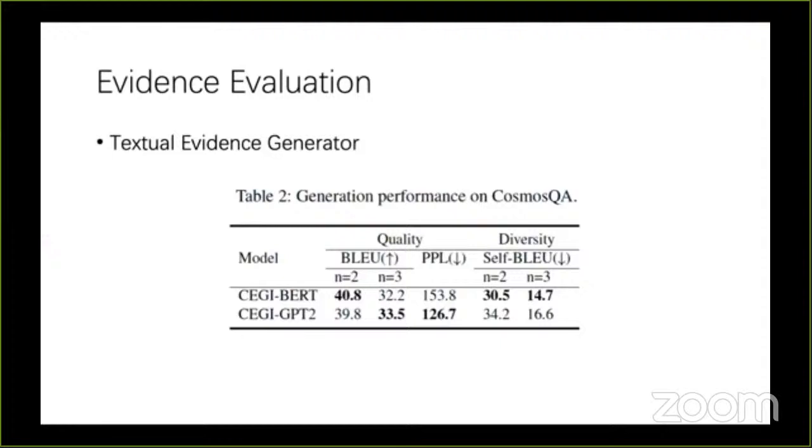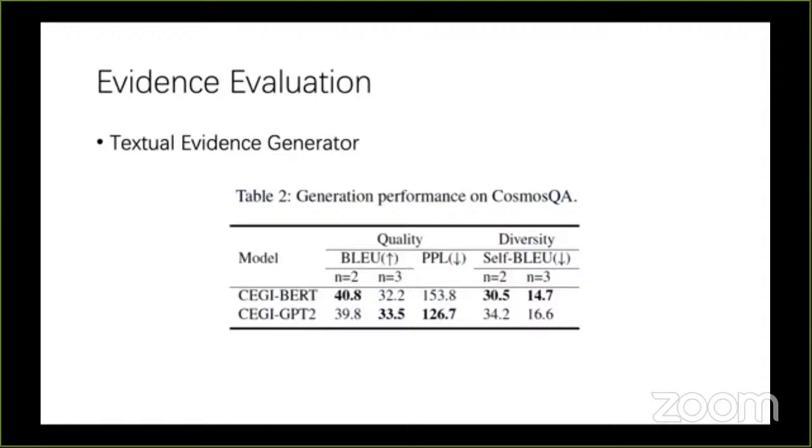In the text evidence generator, we first pre-train the model on the large corpus Open Mind Commonsense dataset using language model loss, and then fine-tune the generator on Cosmos QA using the multi-task learning we mentioned above.